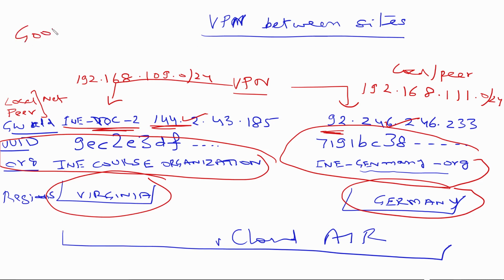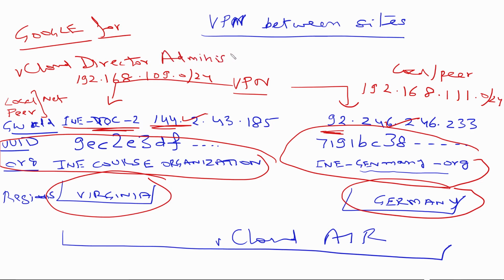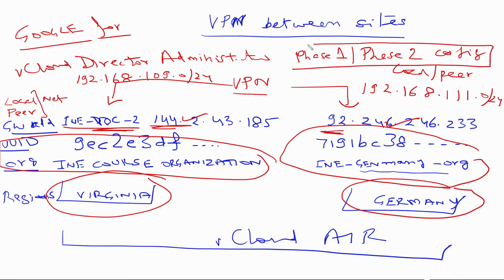So I would recommend to Google for vCloud Director administration guides, and from there you will be able to see what the phase 1 and phase 2 configurations need to be in your device in order to connect to a site that is running vCloud Director. So this is very important to do if you're working outside the vCloud Director environment.